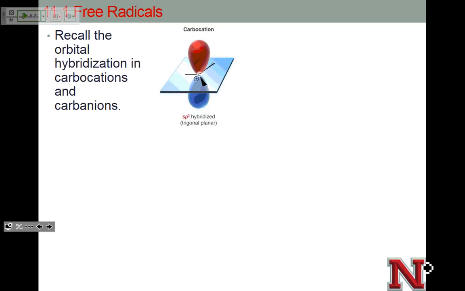So just a little bit about our free radicals. If we look at our charged particles, our carbocation is sp2 hybridized and trigonal planar. Our carbanion is sp3 hybridized, and it's trigonal pyramidal because those lone pairs take up more space to push the R groups closer together in a pyramid-like shape.